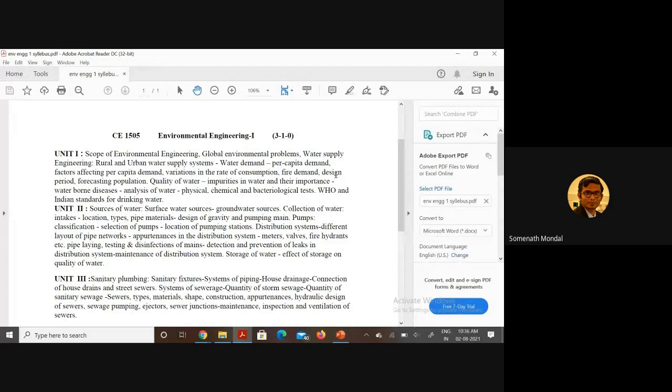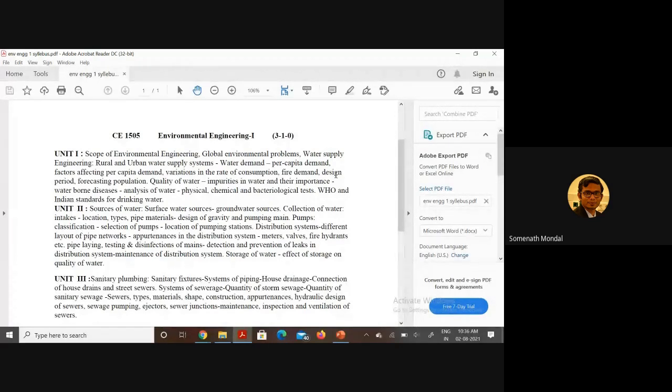When we talk about the source, from the source to the consumer's point we have a very complicated scheme in between, and we will be discussing those things. We have pipes, pumps, and several other paraphernalia which need to be installed and discussed to get that water. Then finally you have the distribution systems, and in between you have the treatment also.